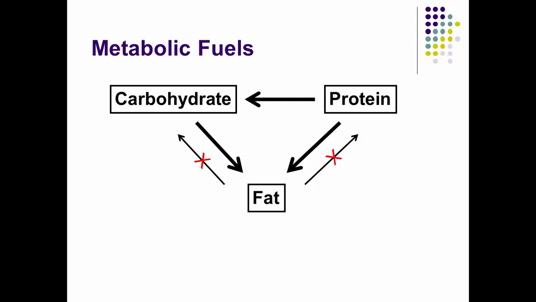Acetyl-CoA is a key molecule that can be generated from oxidation of carbohydrate and protein, and acetyl-CoA is the substrate or precursor for fatty acid synthesis, right? So if we have too much carbohydrate and protein in the diet and the body cannot use all of them, then they have to be converted to fat and stored in the adipose tissue as triglyceride.